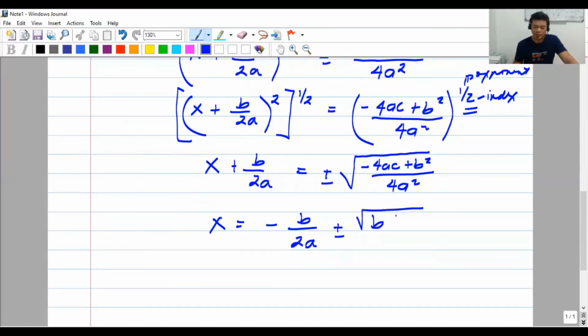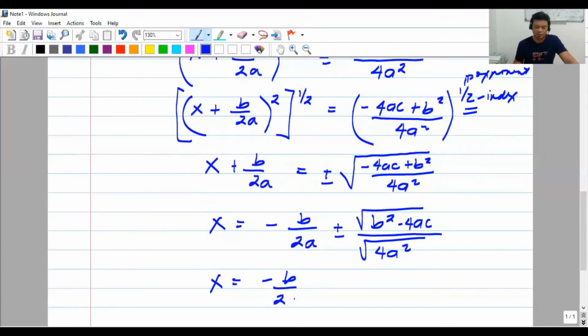So we have to arrange b squared minus 4ac all over the square root of 4a squared. So here, we just use the law of radicals, which is the quotient rule under radical, which is the square root of b squared minus 4ac over the square root of 4a squared.